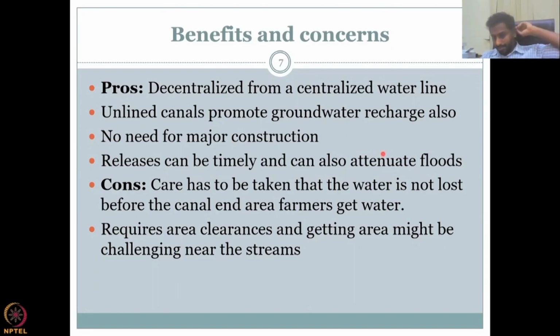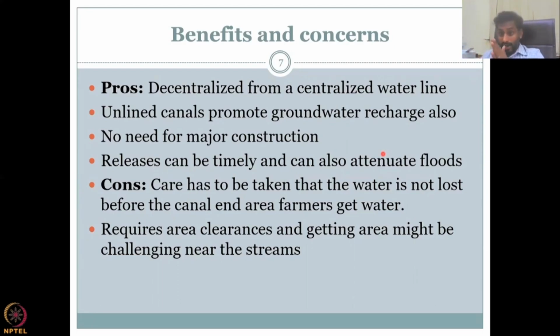It requires area clearances, and getting area might be challenging, especially near the streams, because near the streams and rivers are the most fertile land because of the water resources and because it brings a lot of sediments. The sediments have nutrients. Okay, so it might be difficult to get a piece of land along these rivers or canals for recharge, but that is one of the challenges, as I said.